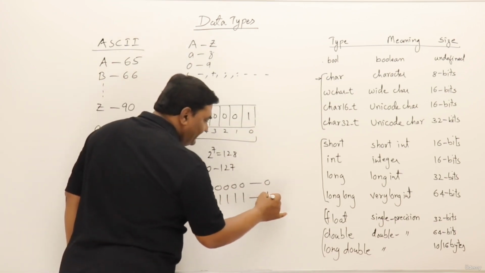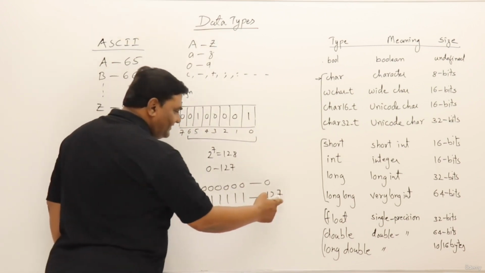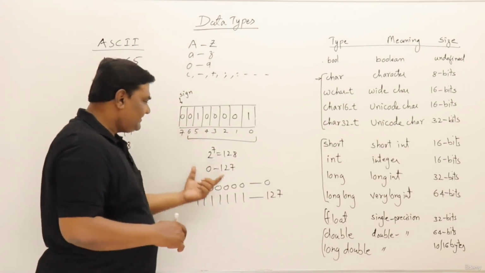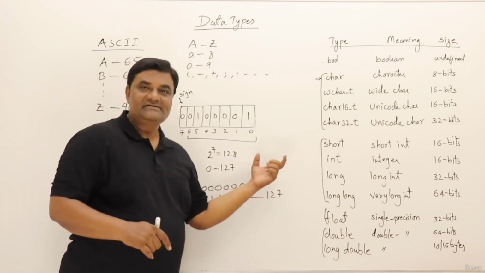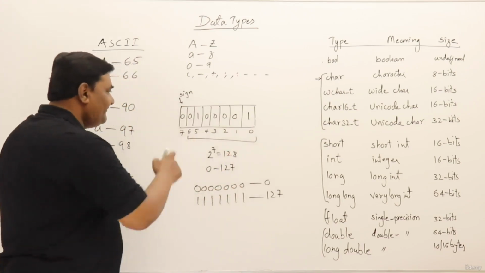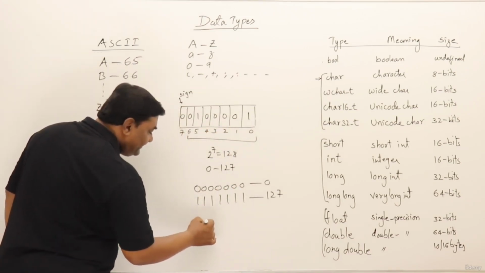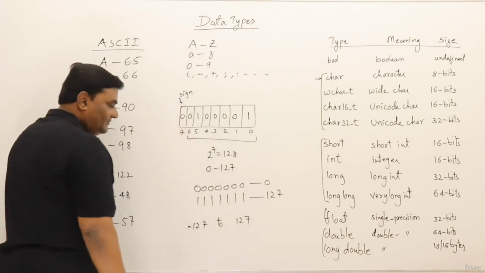Seven 1s makes it 127. If you convert into decimal form, it is 127. So we can store the smallest number in 7 bits, that is 0, and the largest number in 7 bits is 127. So it means within this 1 byte, we can store numbers from negative 127 to positive 127.